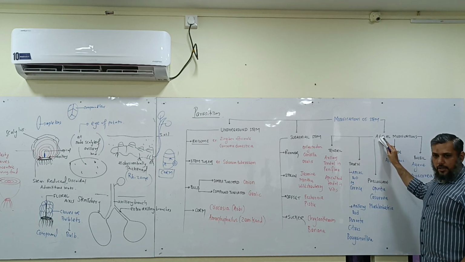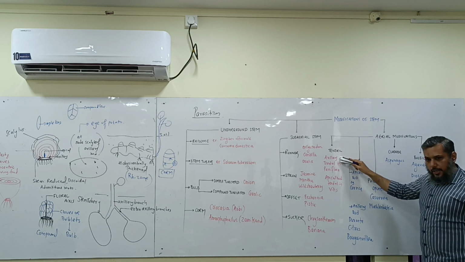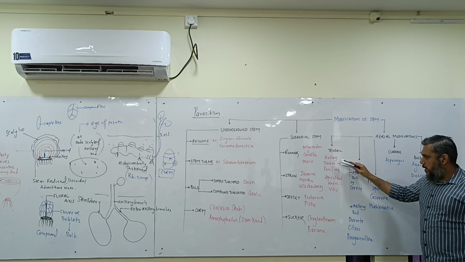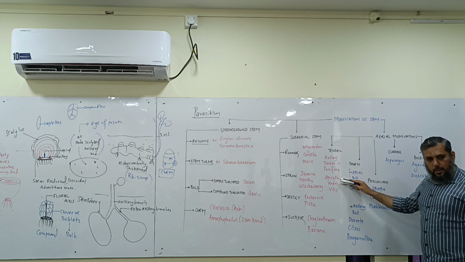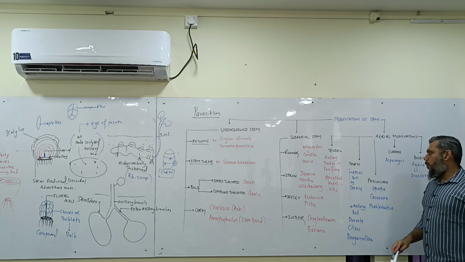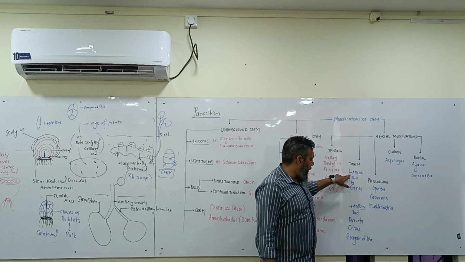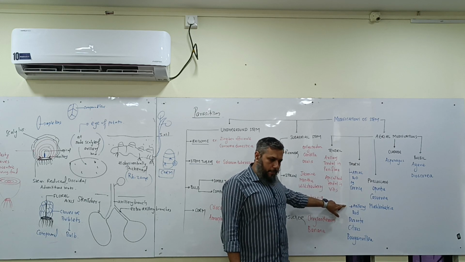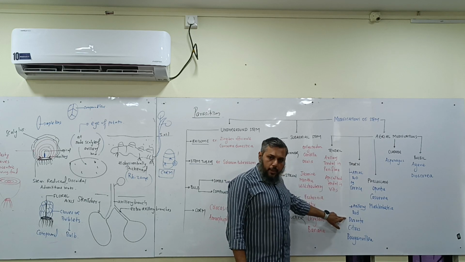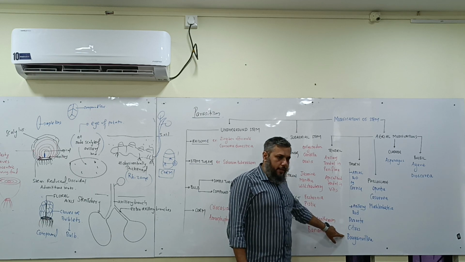Then aerial modifications. Tendril, axillary tendril in Passiflora. Apical bud tendril in Vitis. Thorns: in Carissa, apical bud. Axillary bud: Duranta, Citrus, Bougainvillea.